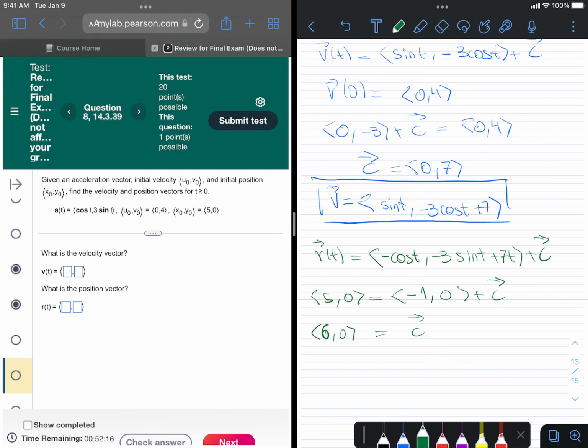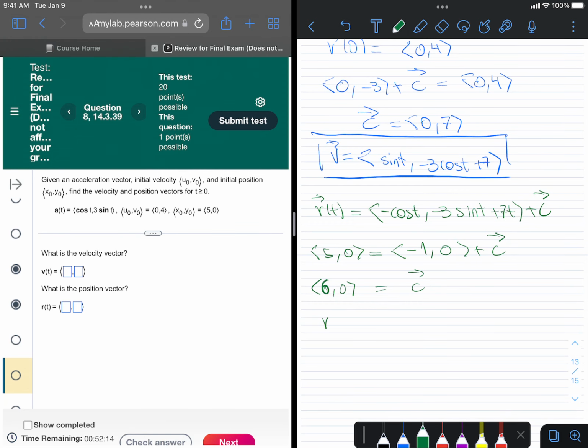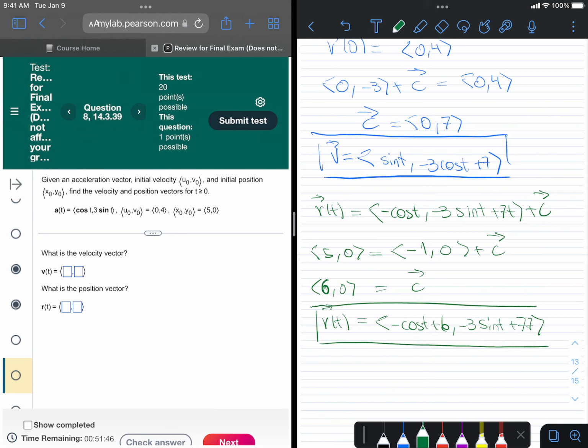So that means r of t, bringing it back to this formula, I'll get r of t equal to, adding the x component, minus cosine t plus 6, minus 3 sine t plus nothing. So just plus 7t. So that will be the position function, or the position vector for positive t.